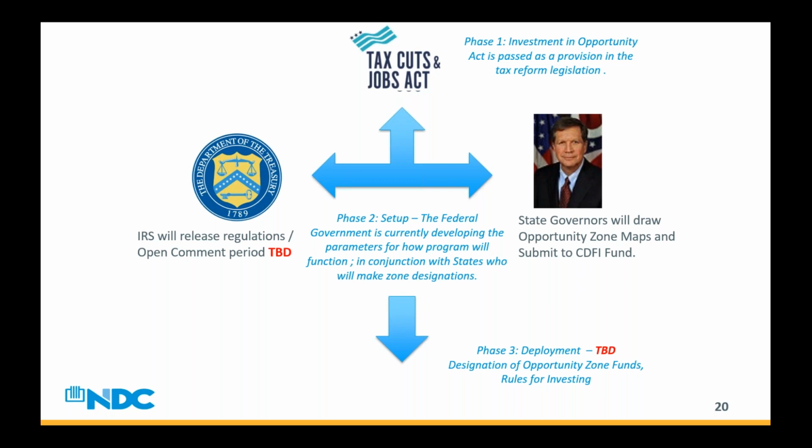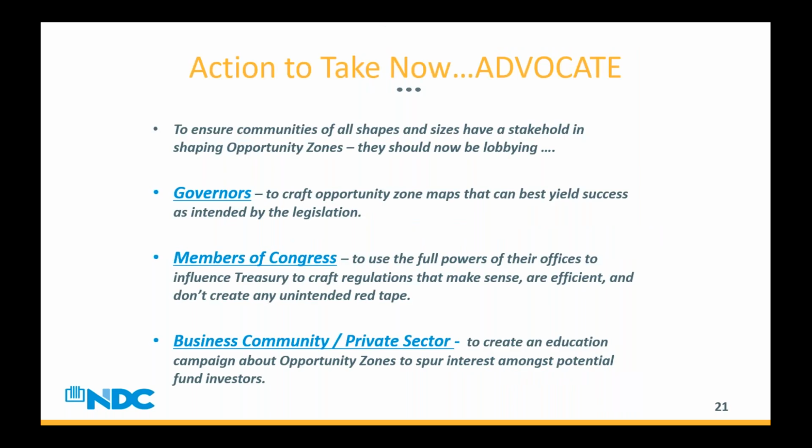So look at the next slide, and you'll see, as Andy left you with, what your job is right now. Your job between now and March 21st, or April 20th if your state extends it, is that it is absolutely time to advocate. Advocate with governors, advocate with members of Congress, advocate with your business community.